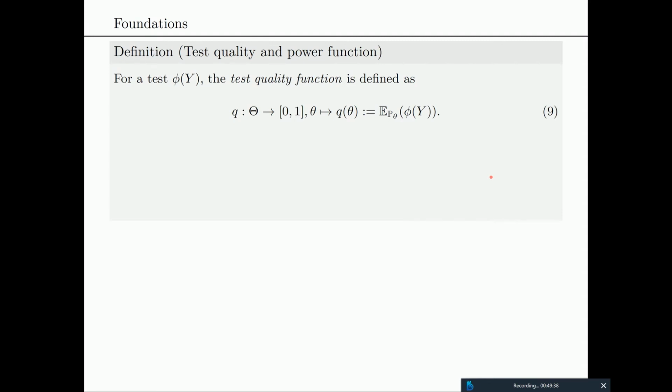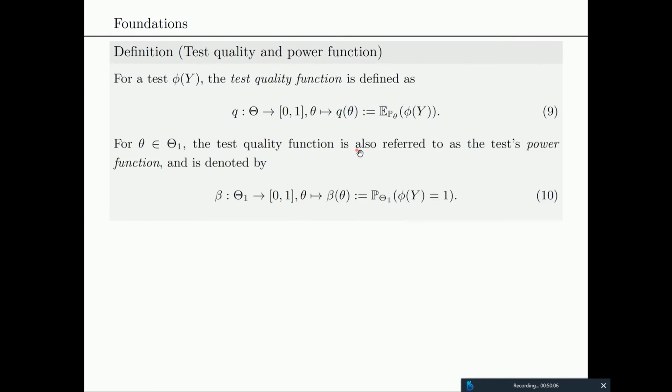For a test phi, the test quality function is a function from the parameter space into the interval 0, 1 and is defined as the expected value of the test under the probabilistic model of interest, as a function of the parameter, which can of course be either in the null hypothesis or the alternative hypothesis. And we will see how that works in a second.